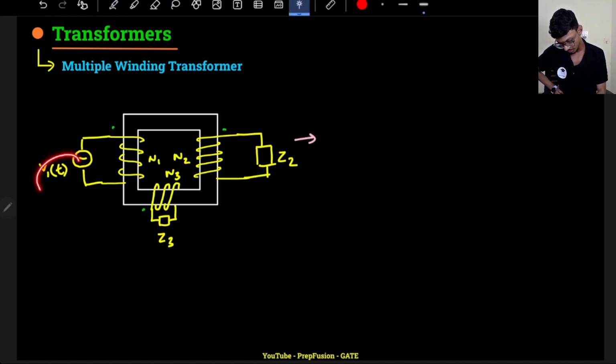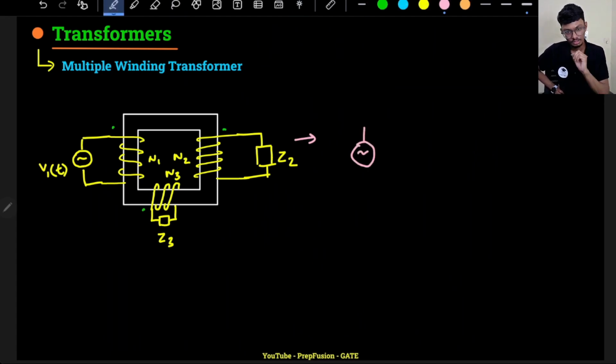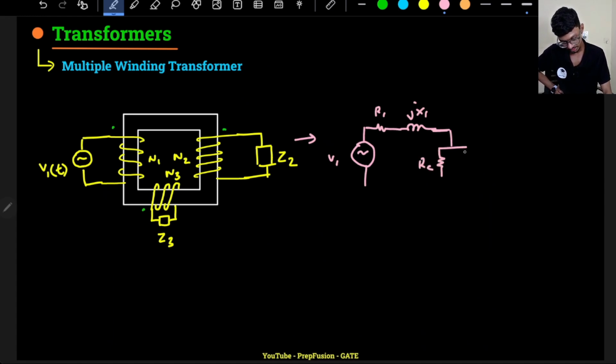Then the primary will have some winding resistance, some leakage reactance, then it will have core resistance and magnetizing reactance, Xm.